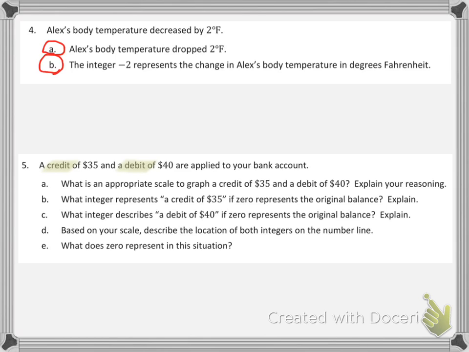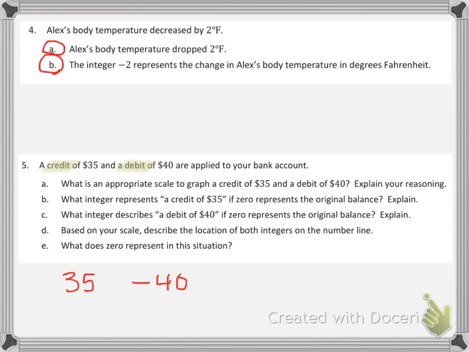These are actual questions here. What is an appropriate scale to graph a credit of 35 and a debit of 40? Well, a credit of 35 is going to mean we're going to have a positive 35 integer, and a debit of 40 means that we're going to have a negative 40 integer.